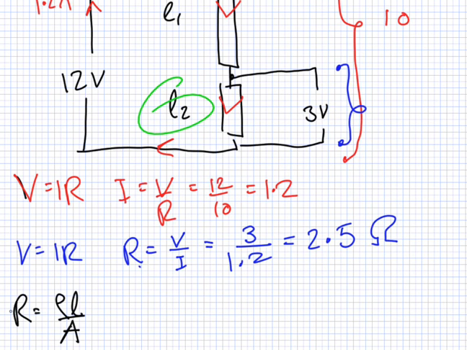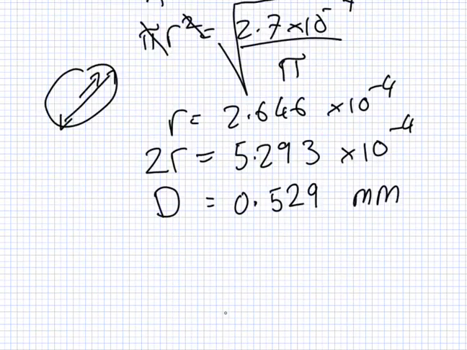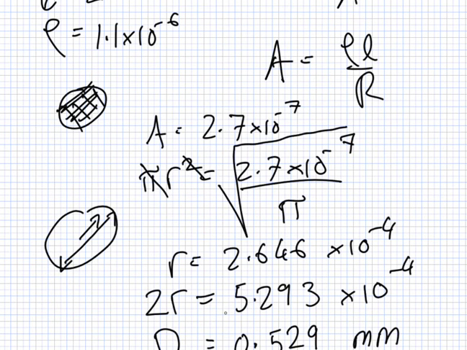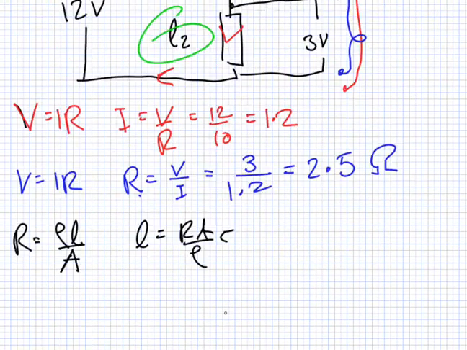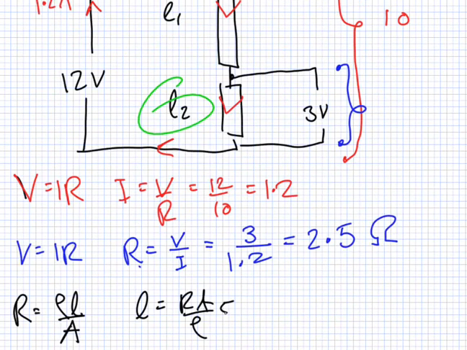So we know the R is 2.5. Let me rewrite it. So we have L equals RA over rho. Okay, the R is 2.5. I have the area from previously, don't I? What is the area? It is 2.7 times 10 to the power minus 7. And can you tell me what was the resistivity?